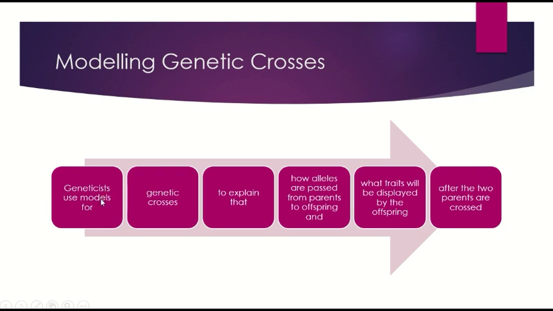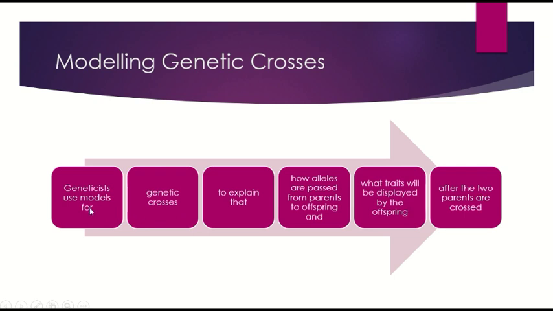Geneticists use models for genetic crosses to explain how alleles are passed from parents to offspring and what traits will be displayed by the offspring after the two parents are crossed.